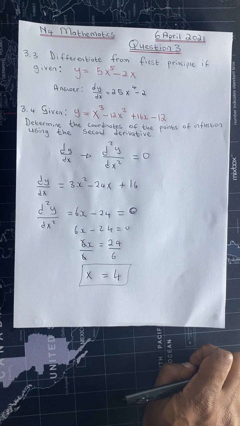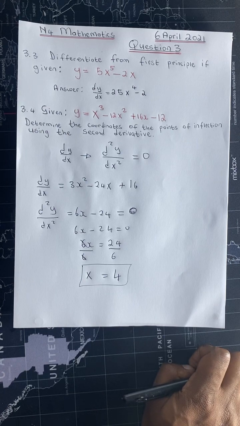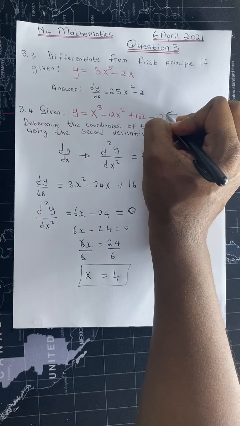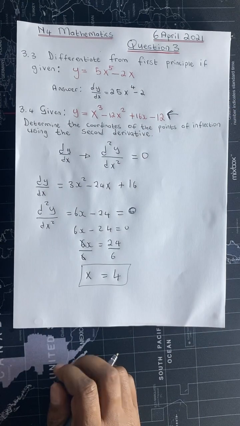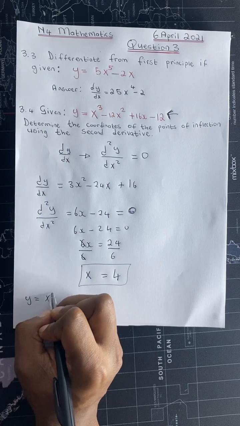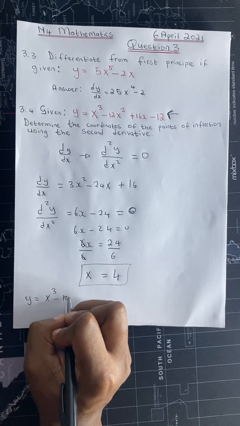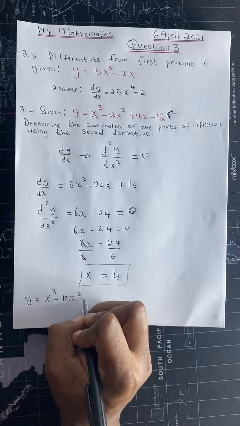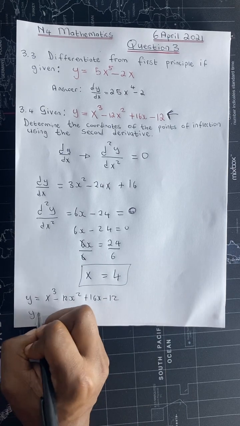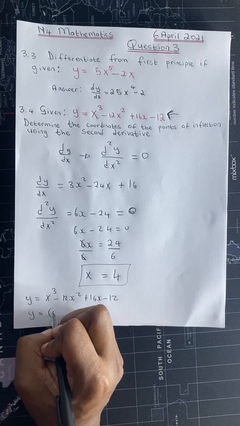So we are left with the y coordinate. And to determine the y coordinate, we have to take this x and substitute it back into the original y equation. So where there is x, we substitute 4.